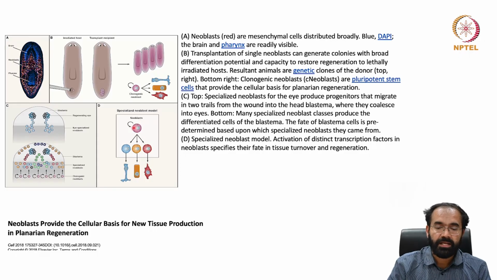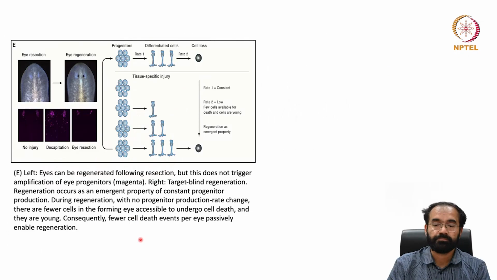So you can see neoblasts get into specialized neoblasts and give rise to, say, neuron, muscle, or any other excretory cell. So neoblasts provide the cellular basis of new tissue production in planarian regeneration in general.